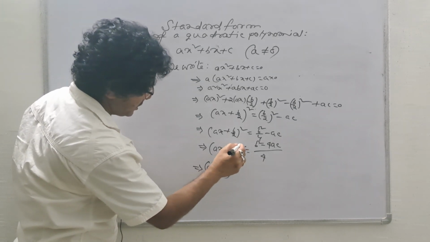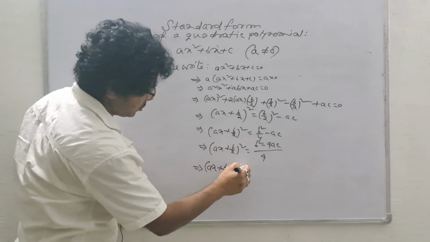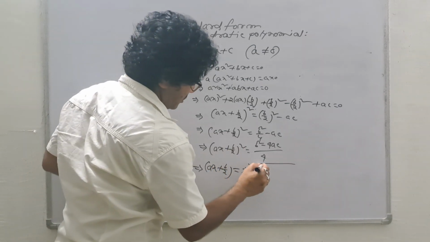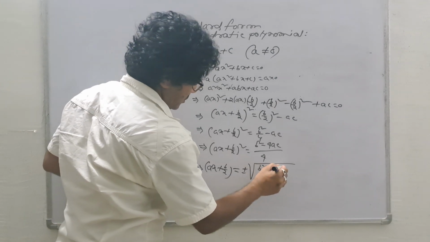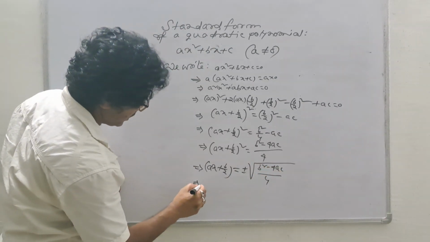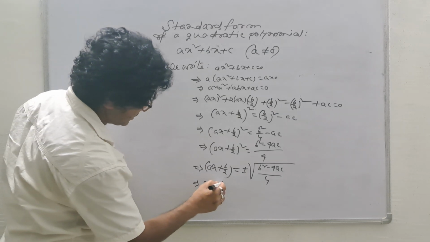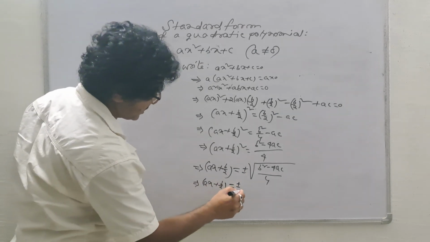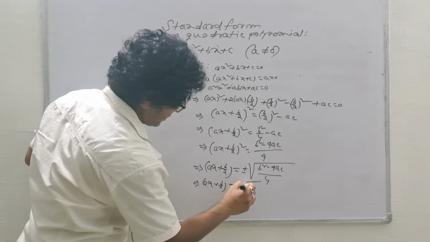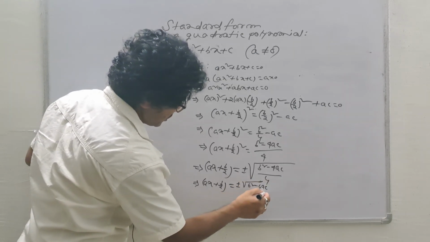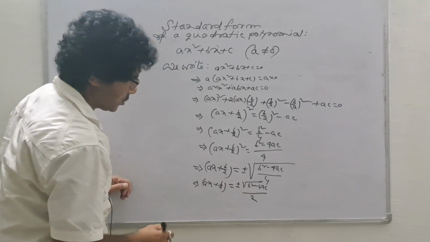Then if you eliminate this power 2, plus minus will come and it will go under root. So ax plus b by 2 is equal to plus minus root of b squared minus 4ac, and this 4 comes as 2.